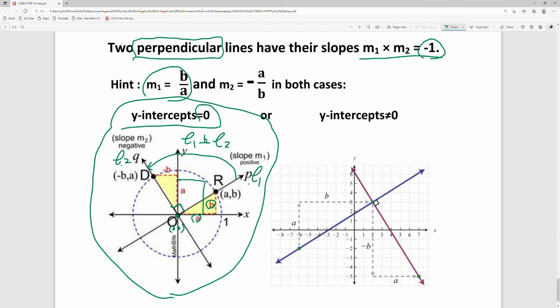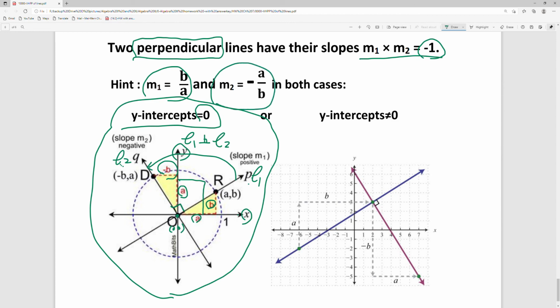Because line 1 and line 2 are perpendicular to each other, when you rotate the x-axis to the y-axis, you merge line 1 and line 2 together. So in this case, you find this is negative b and this is a. So slope 2 is negative b over a.